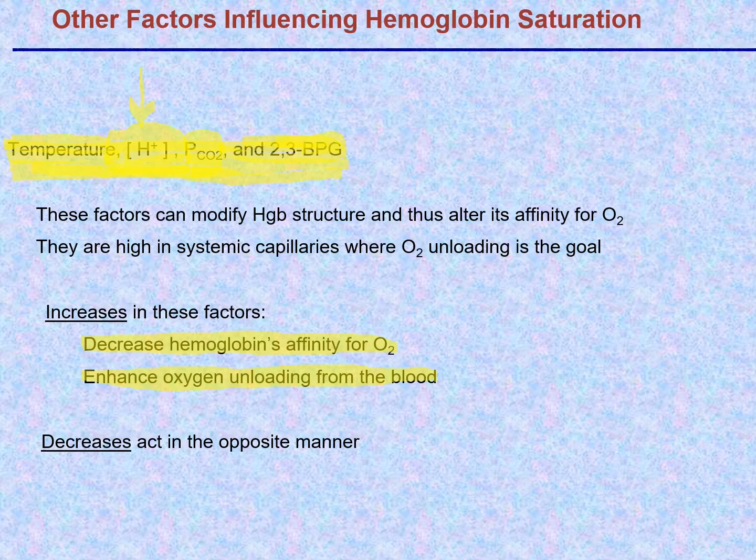Any decreases in these factors will have the opposite effect. Decreases in temperature, hydrogen ion concentration, PCO2 or 2,3-BPG levels will raise the affinity of hemoglobin for oxygen, and so less oxygen will get released from the hemoglobin when it passes through the capillaries in the tissues. So these are all key things.